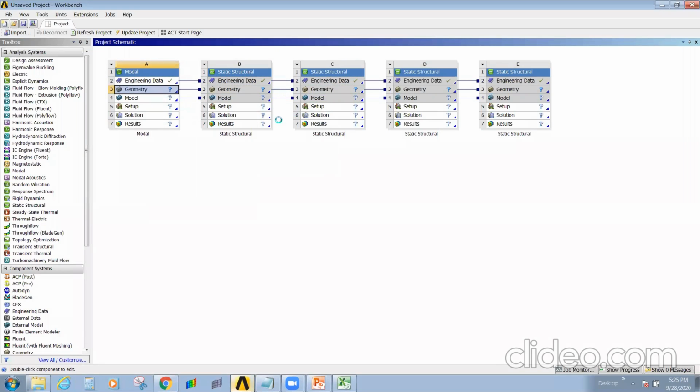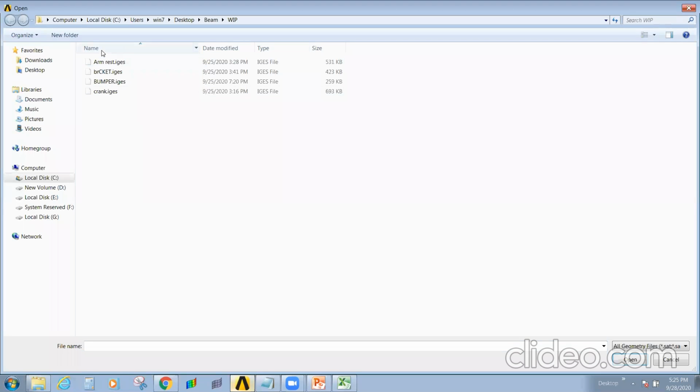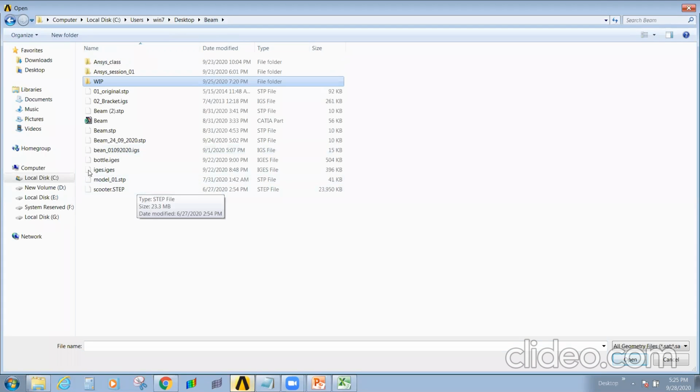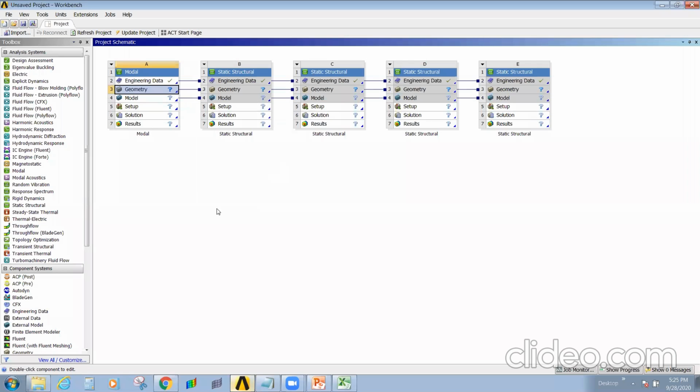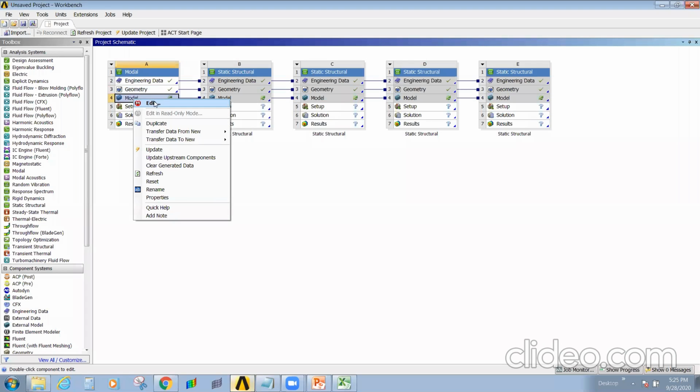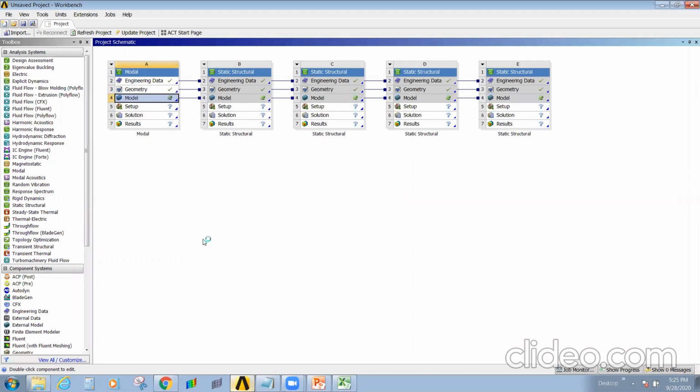Okay. So first I'll import a geometry. Import, browse. I'll go back to your beam folder. You can see the original STP. Now right click on that, your geometry has been updated. Now open your model in the mechanical editor.